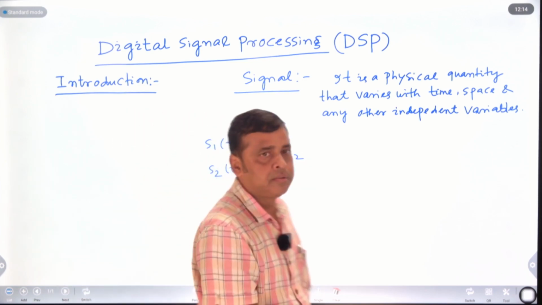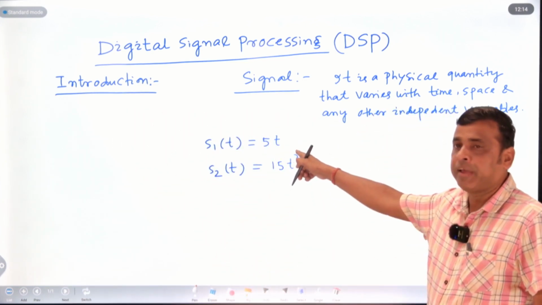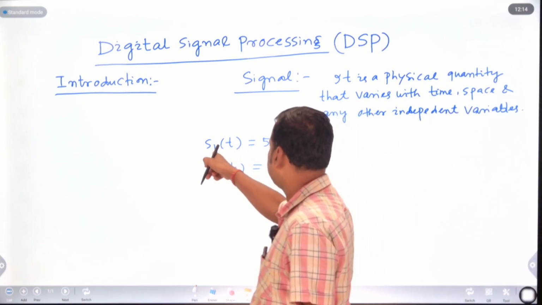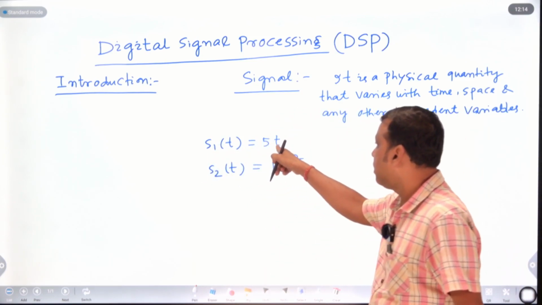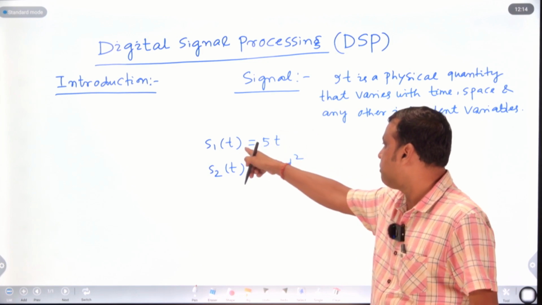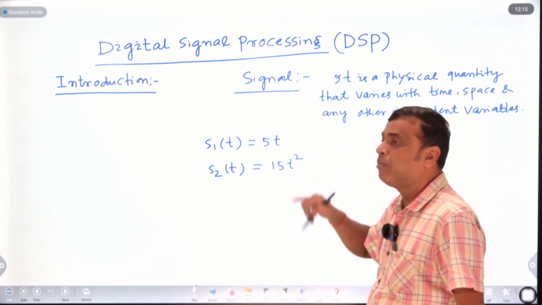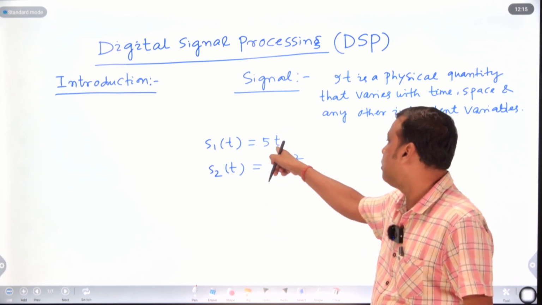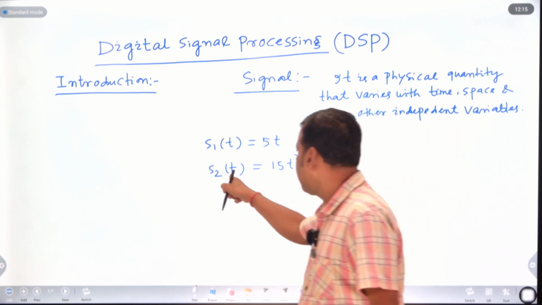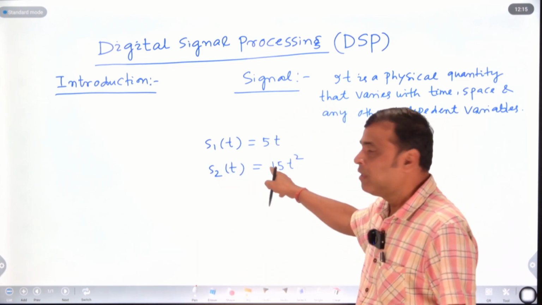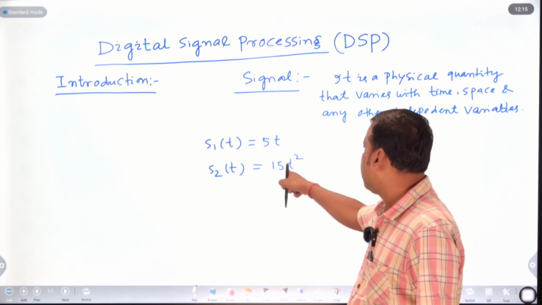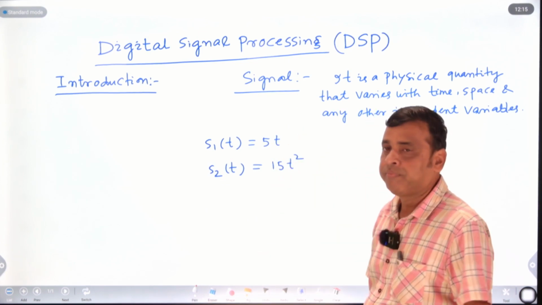What does it mean? Here t is the independent variable, and the first function, the signal, varies linearly with t. And the second function, another signal, 15t square, varies quadratically with t.